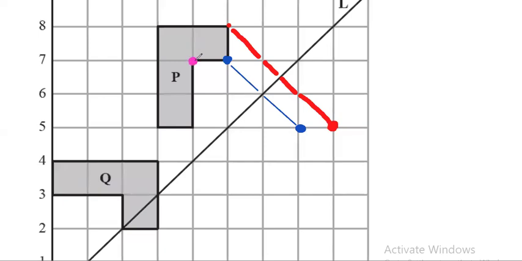This point here, find the distance between the point and the mirror. Same idea. So it's going to go one box diagonally and half a box. So I'm going to go half a box and one box over here and then plot the point. Focus on these steps because they are very important to reflect any shape on any line.